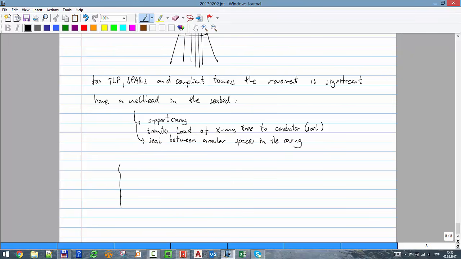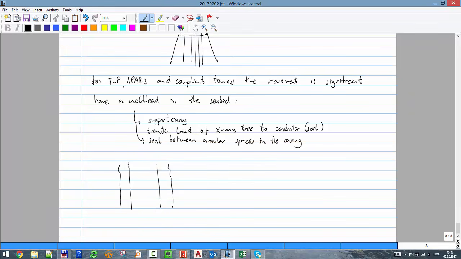Remember that I have my hole, then I put one casing, and this casing, for example initially, is very big in diameter, but it doesn't have the rating, it doesn't tolerate too much pressure.